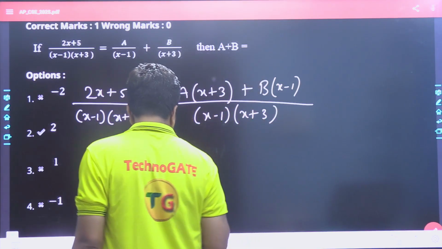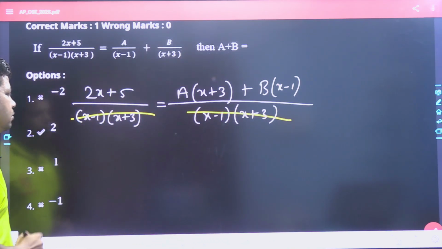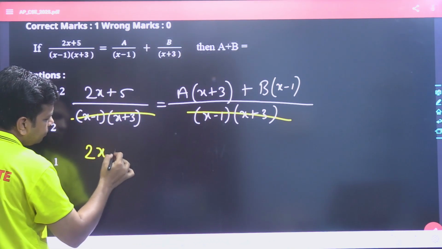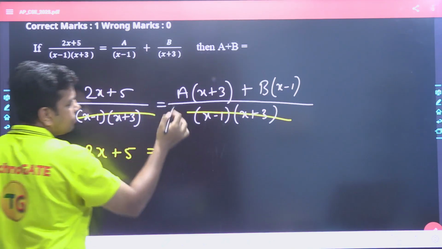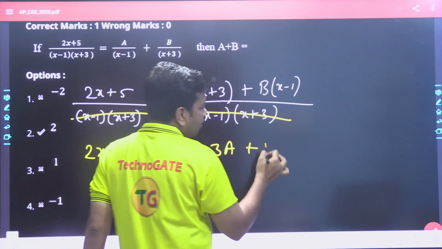Cancel these values out. x plus 3, x minus.